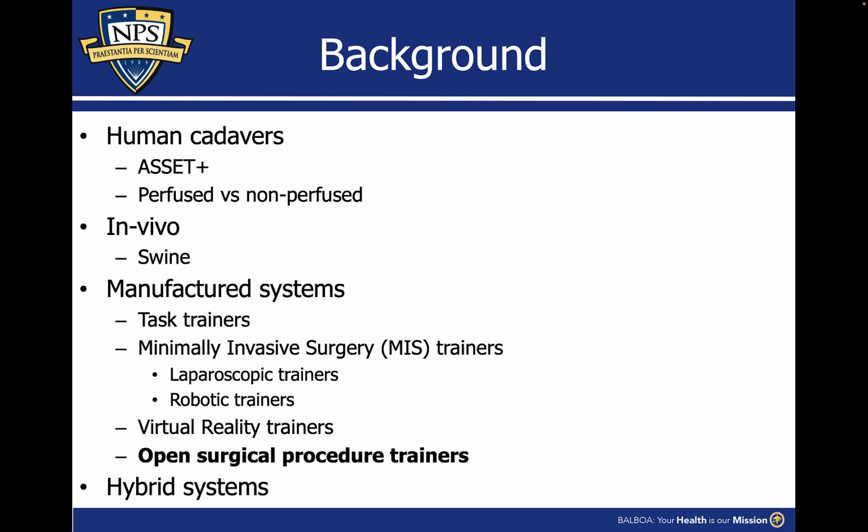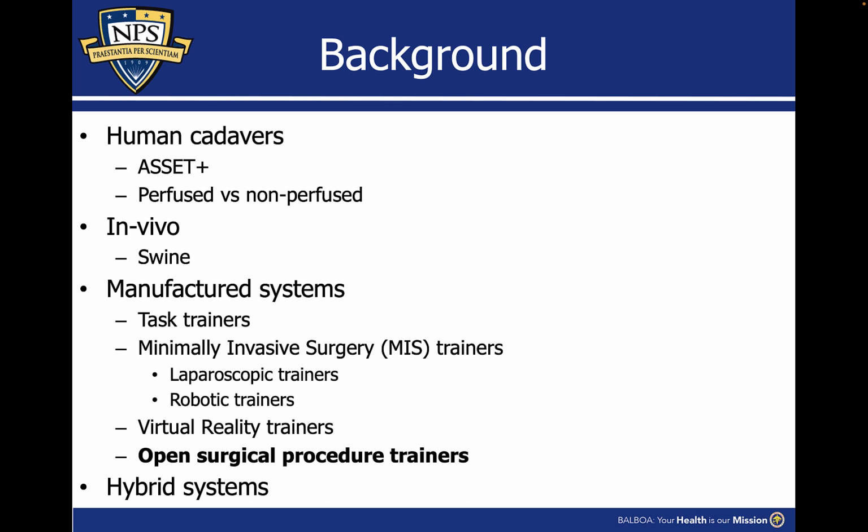It is used extensively in the ASSET Plus course, or the Advanced Surgical Skills for Exposure in Trauma, which is a fantastic course that is taught at Naval Medical Center San Diego, in which you get vascular exposure to critical life-threatening injuries. And you can also do perfused versus non-perfused cadavers.